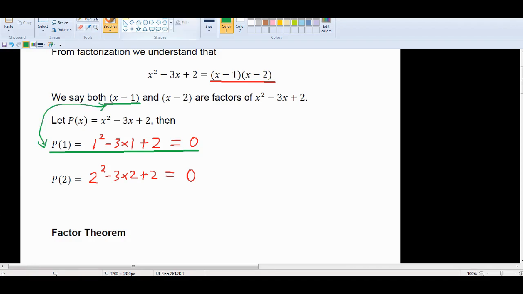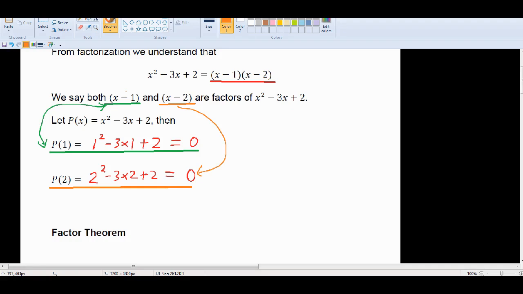The same thing happens when we have x minus 2 as a factor of the polynomial, and when you put 2 into the polynomial, you get 0 as well. So they are related.